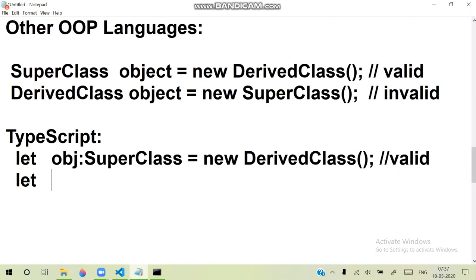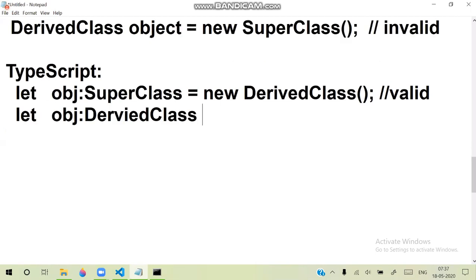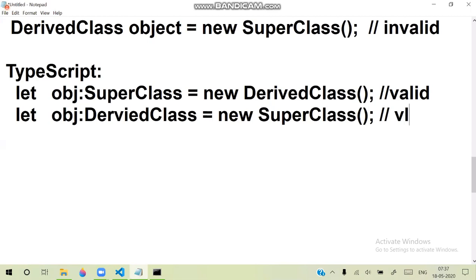And let object of derived class is equal to new superclass. This is also valid.